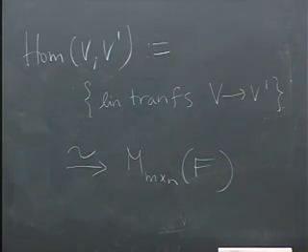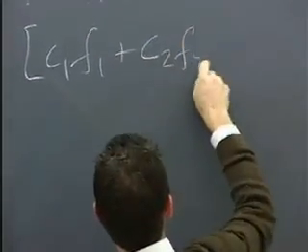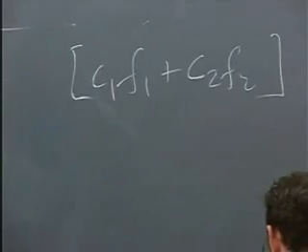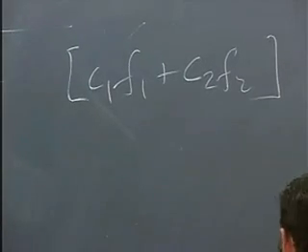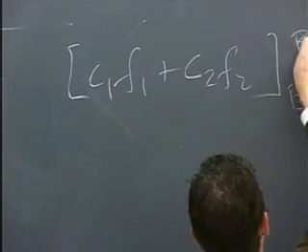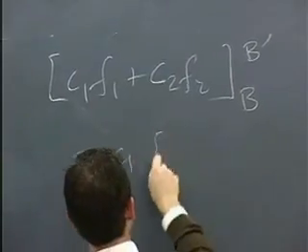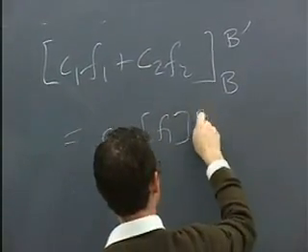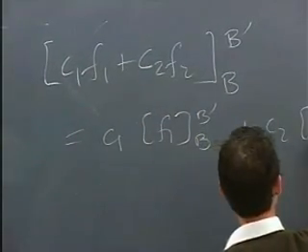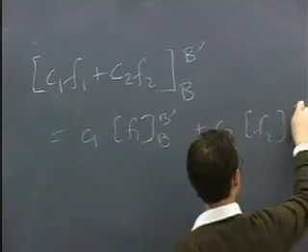So, put explicitly, C1F1 plus C2F2 with respect to some b and b prime is equal to C1F1 with respect to b and b prime plus C2F2 with respect to b and b prime.